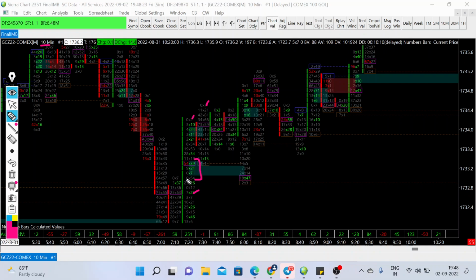Like you can read, this is 0 and this is 7, this is 0, this is 21, this is 9, this is 39. That means buyers are more aggressive at this price level, and the same in case of selling also. So for this example, you have to look for the buying or selling imbalance. This is the gold futures chart.